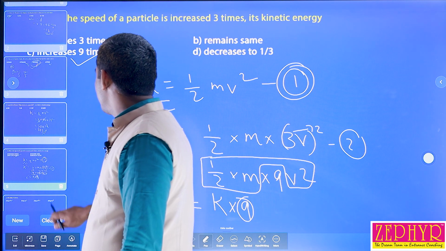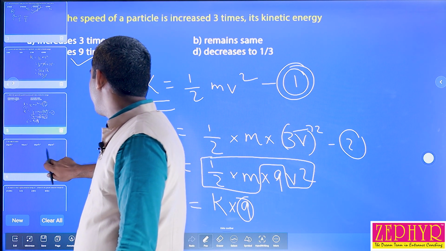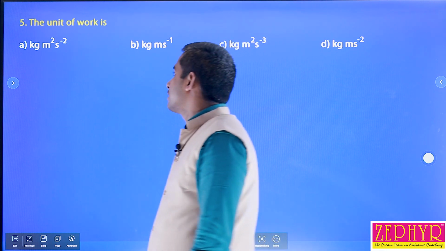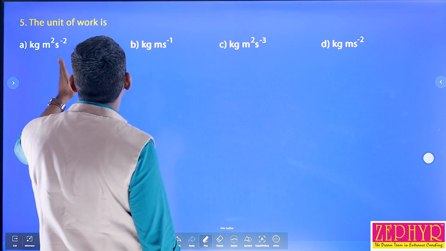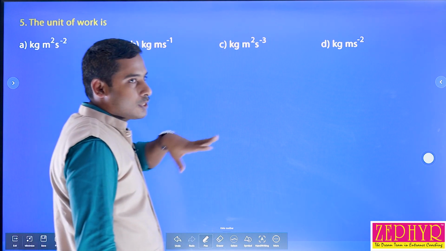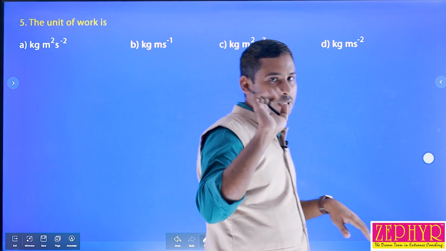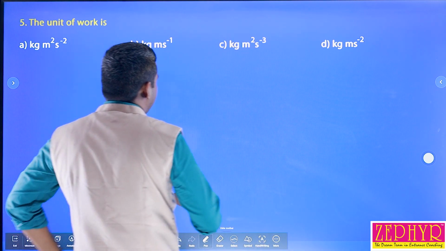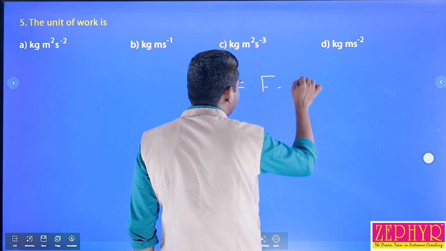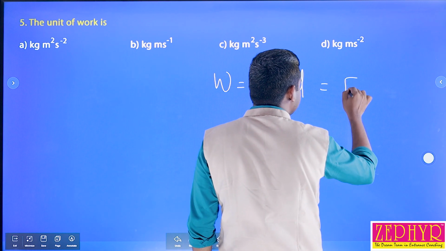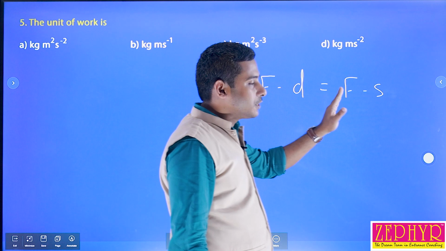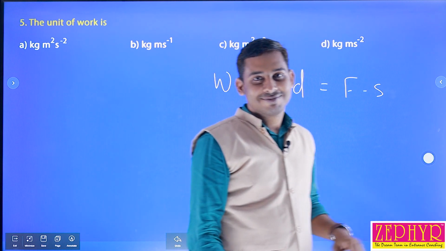Next, we are moving to the question number 5. The unit of work is, here they are saying kilogram, kilogram, kilogram, kilogram, then meter, s raised to minus 2, minus 3, like that concept is there. So, listen, actually we know W equal to F into D, sometimes we can say F into S also. Anyway, it is nothing but force into displacement, force into distance, right?